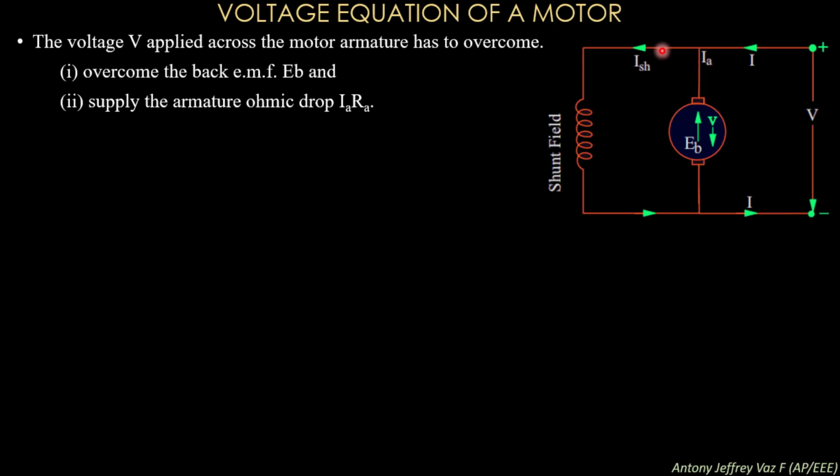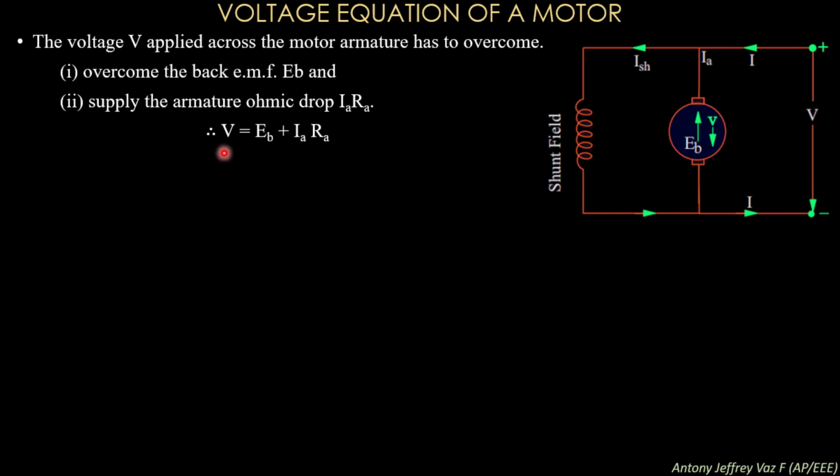So the total current I has two parts: one is the shunt field current ISH, and the other is the armature current producing the IaRa drop, that is the drop across the armature. These two things the voltage has to overcome.